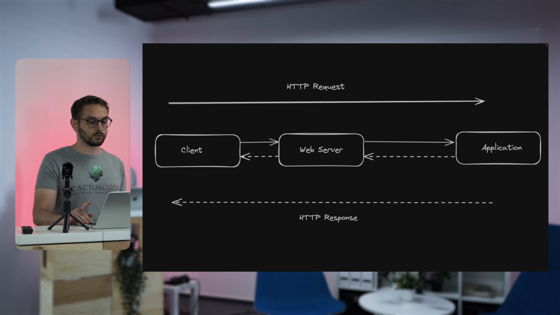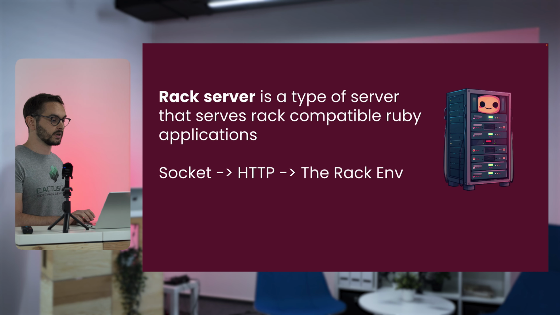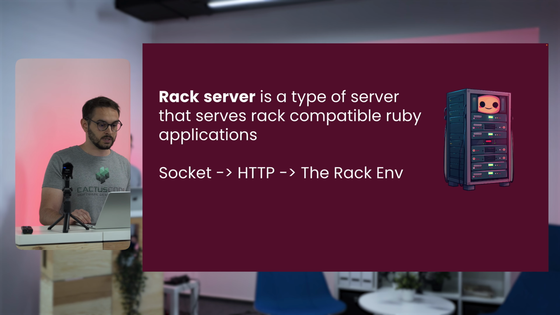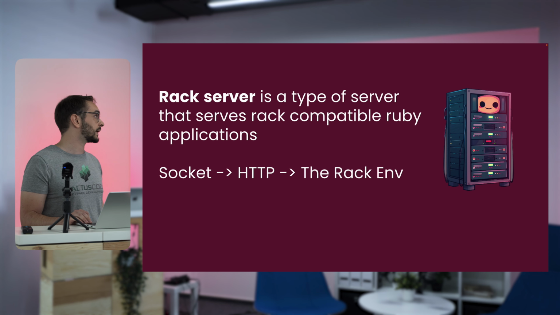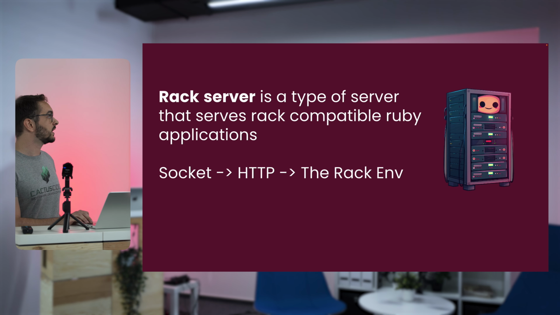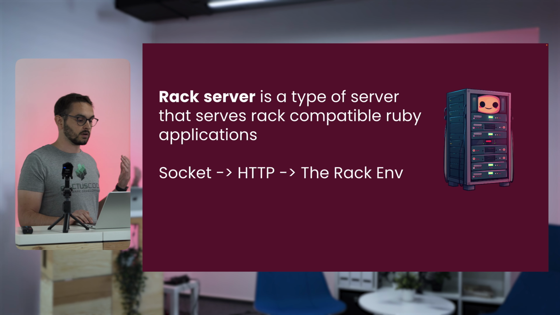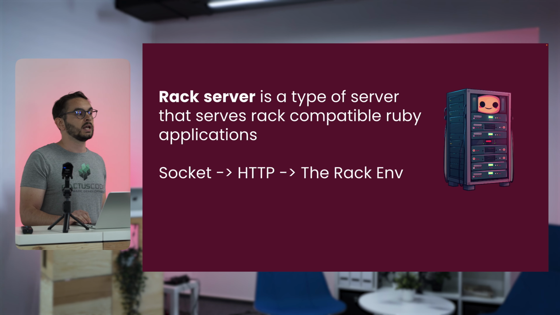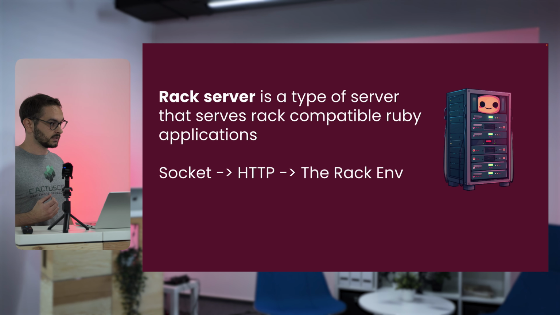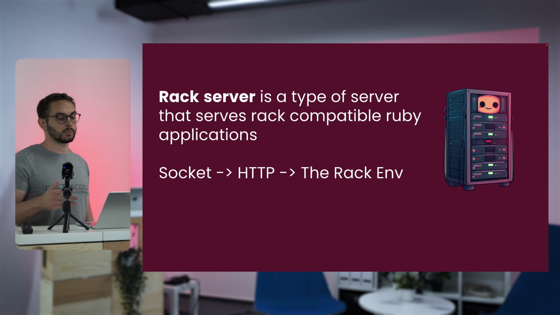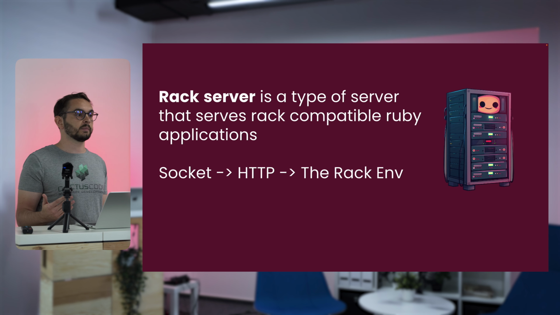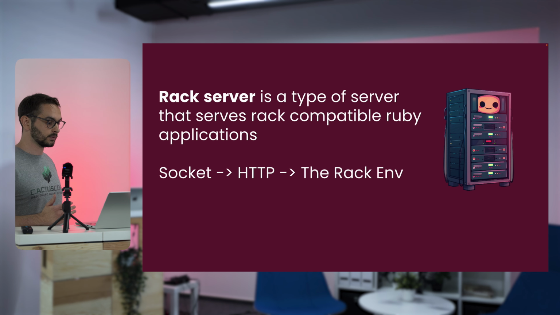But in the Ruby world, this web server is actually a Rack web server. And that's a type of server that serves Rack-compatible Ruby applications, which means it will also listen for a connection on a socket. It will take the data, it's probably HTTP, it will look at the version, let's say 1.1, and it will create the Rack environment variable for you.